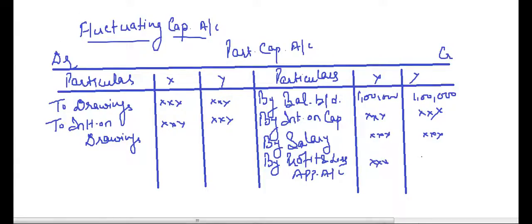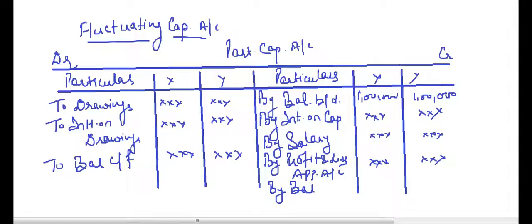Clear? And after all these transactions, we will get the balance of the partners' capital account. We can either have the balance on the debit side as balance carried forward, or we can have the balance on the credit side. So this completes our partners' capital accounts under the fluctuating capital.